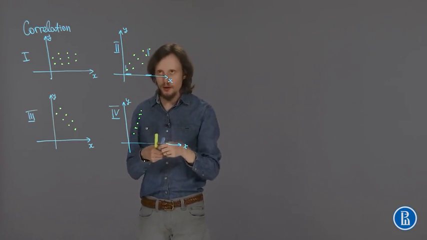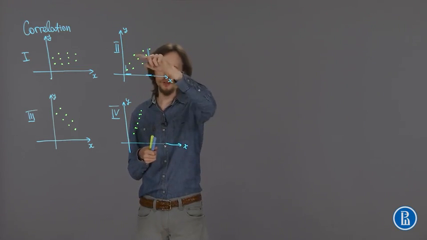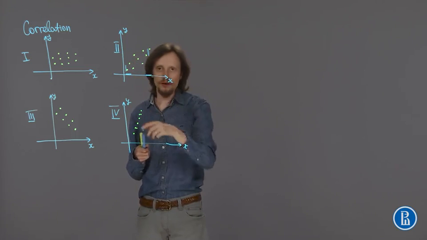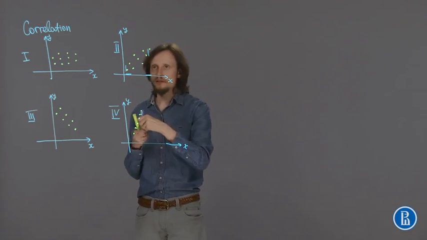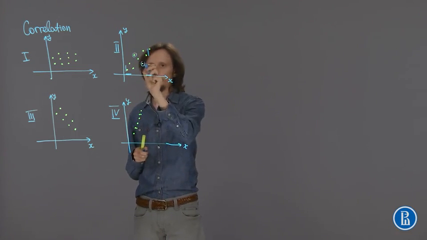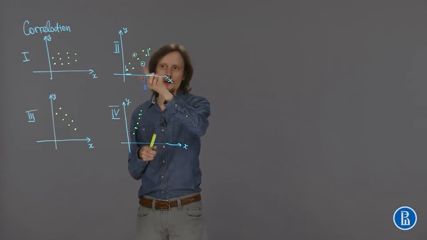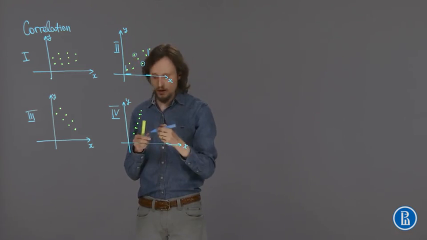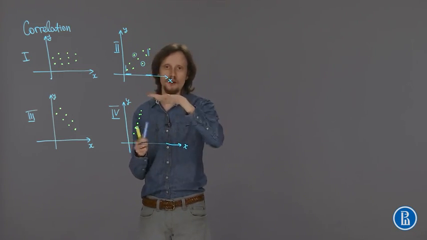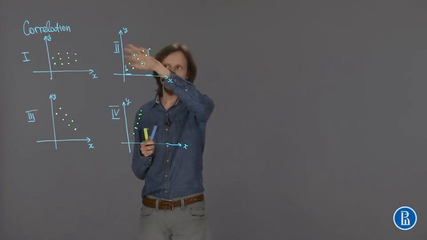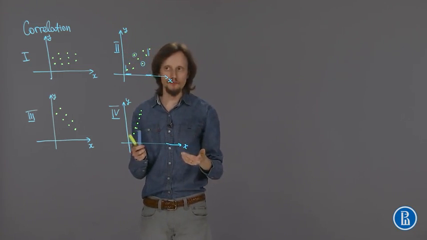Of course, if we select a pair of points we can find some kind of violation of this tendency. For example, if I select this point and this point, we see that here larger x corresponds to lower y. But on average, we have the relation that larger x corresponds to larger y.